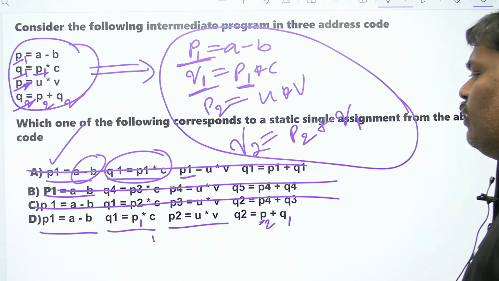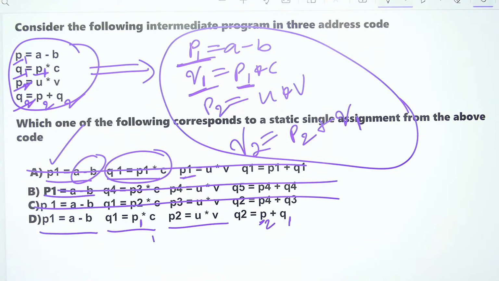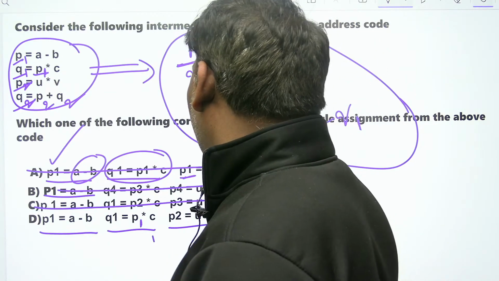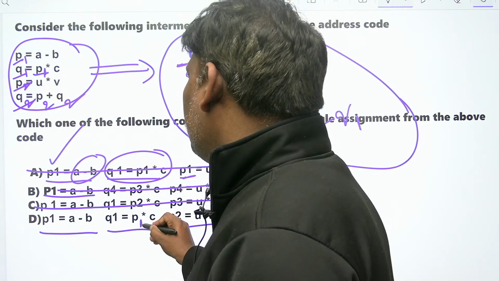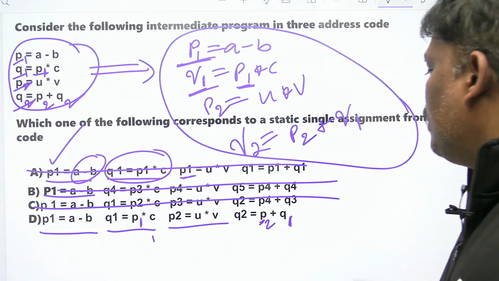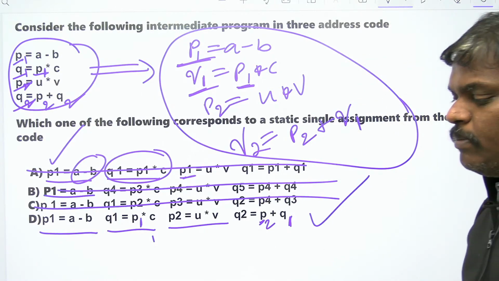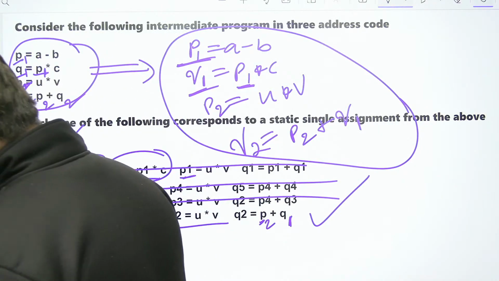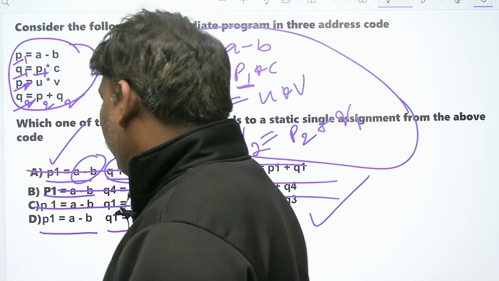While copying or writing maybe I made a small mistake. Please be careful. So anyhow the answer is option D. Some small misunderstanding, please check.